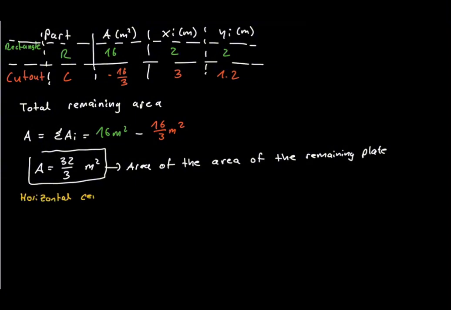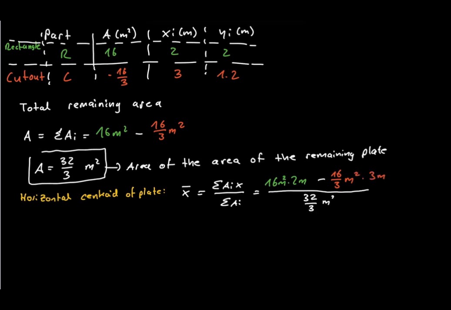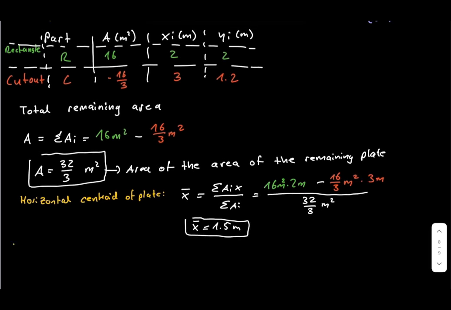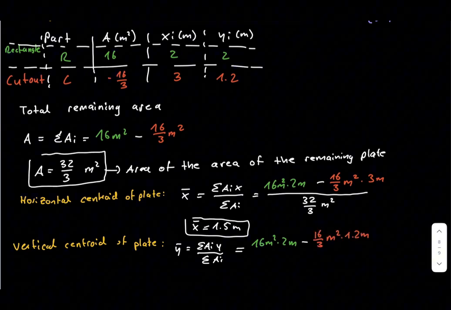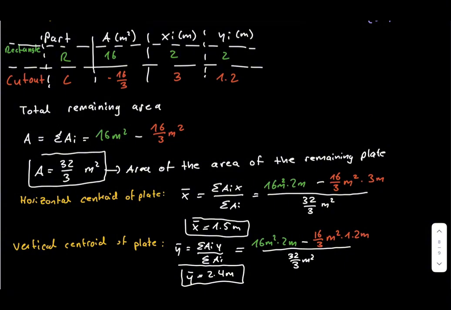For the horizontal centroid, we take 16 times 2 minus 16/3 times 3 and divide by 32/3. This gives 1.5 meters. For the vertical centroid, we take 16 times 2 minus 16/3 times 1.2, and again divide by 32/3. This gives 2.4 meters.